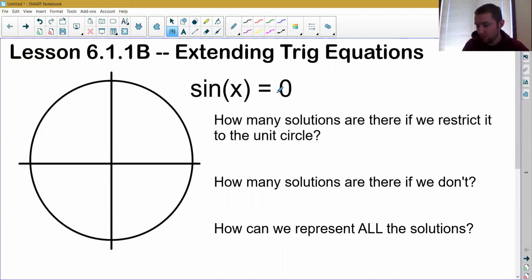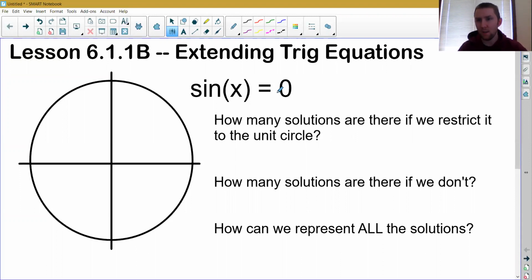There's 1, 2, 3, 4, 5, 6, 7 on that graph. So we are obviously dealing with more solutions than we had in our last video, when we had a restricted domain, because this domain looks like maybe from negative 3 pi to positive 3 pi, which is a bigger picture.